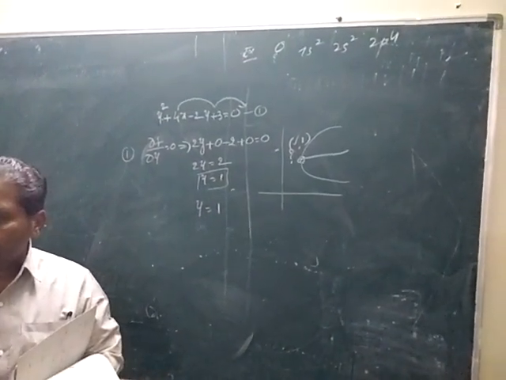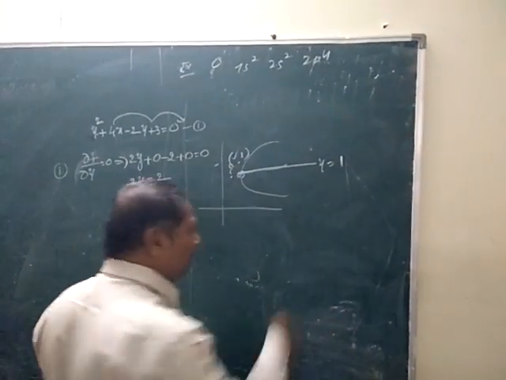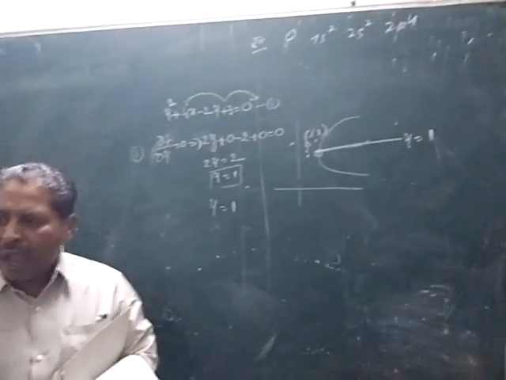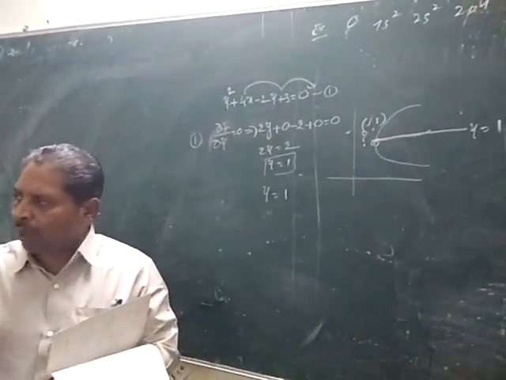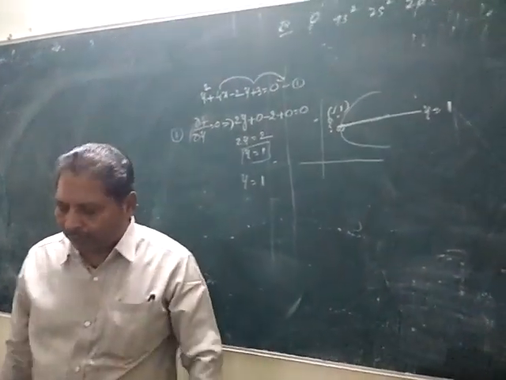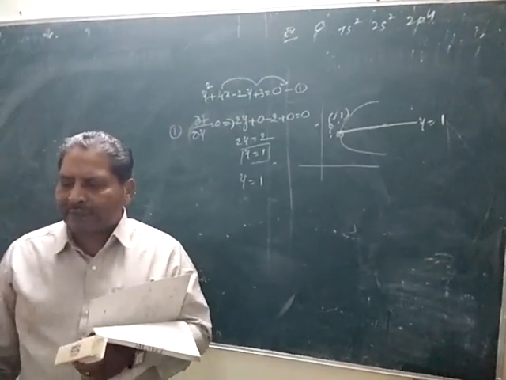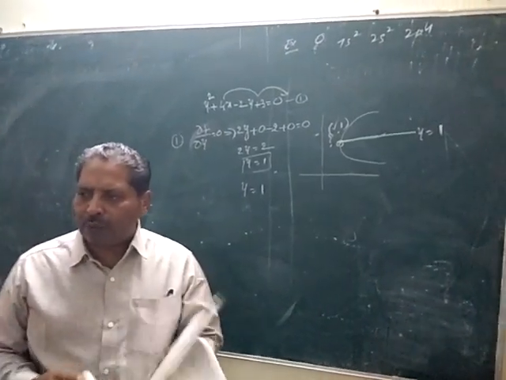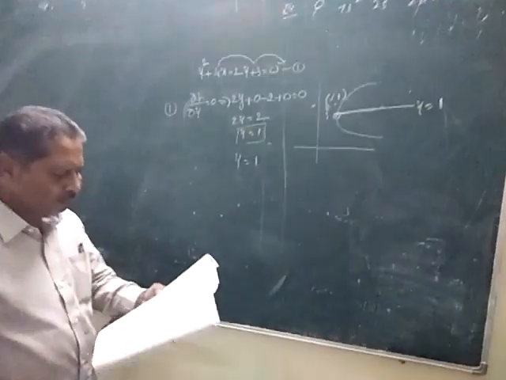This is the equation of the axis line. Write that point also: the equation of the axis line is y equal to 1.